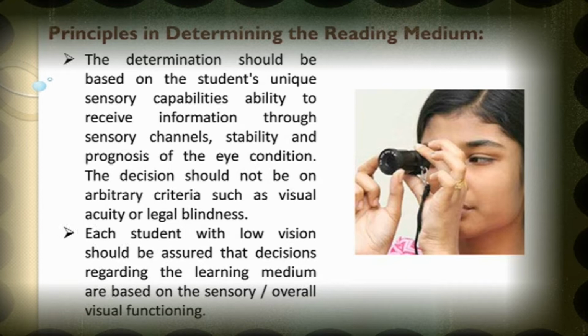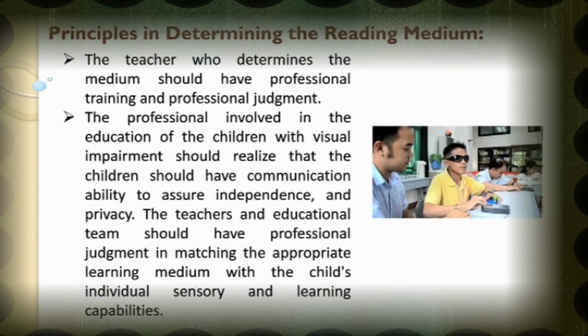The decision should not be based on arbitrary criteria such as visual acuity or legal blindness. Each student with low vision should be assured that decisions regarding the learning medium are based on the sensory or overall visual functioning. The teacher who determines the medium should have professional training and professional judgment.